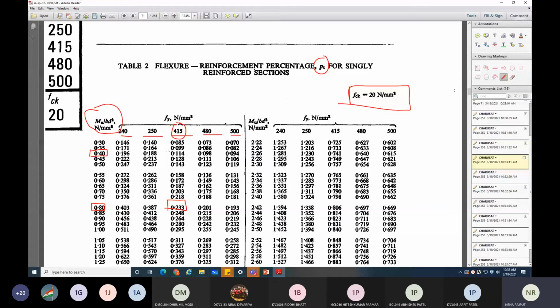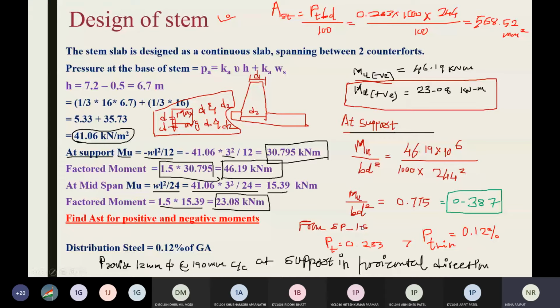So your percentage steel is 0.114. Right. So this is 0.114. So your PT for the mid span is 0.114, which is not more than PT minimum, which is 0.12%. So you need to provide at least 0.12% reinforcement at the mid span.